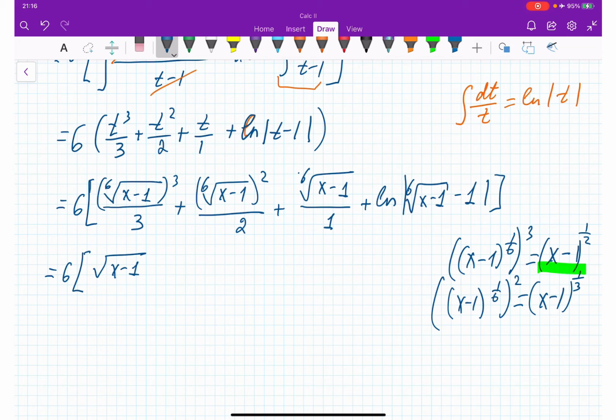Over 3, plus this square, it's going to be cubic radical of x minus 1 over 2, plus radical degree 6 of x minus 1, and plus natural log.